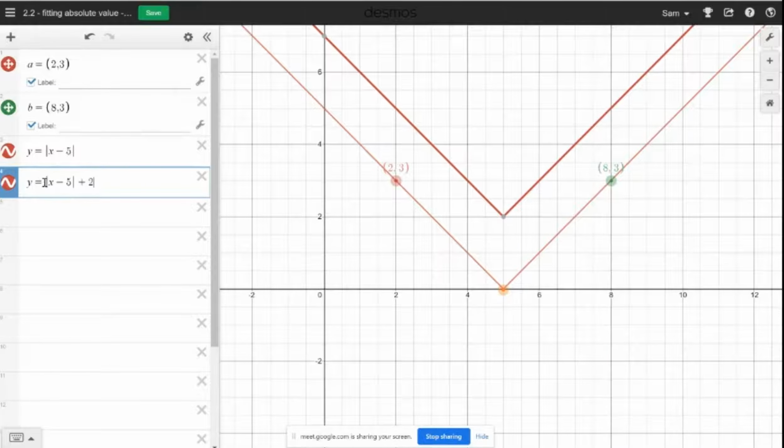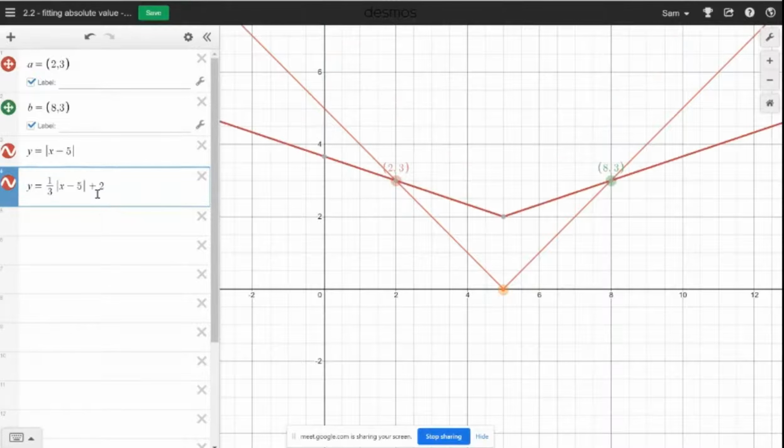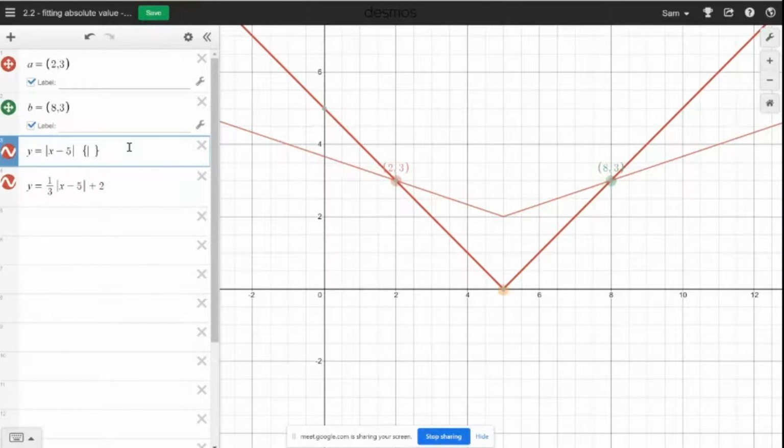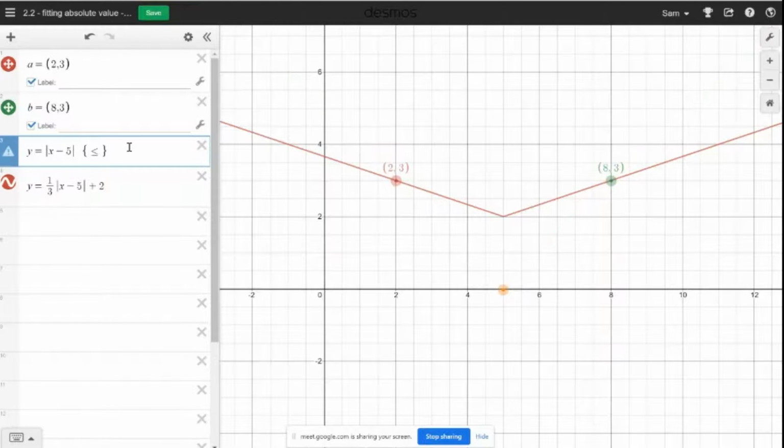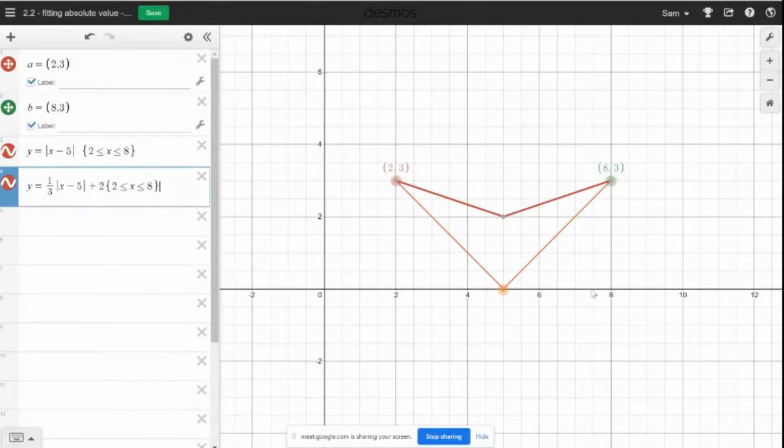So the slope will be 1/3, up by 1, across 3. Okay. Our domain on it, we want it to be between 2 and 8. There you go. The x coordinate should be the midpoint.